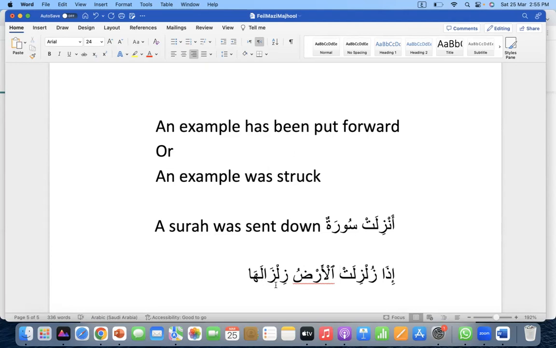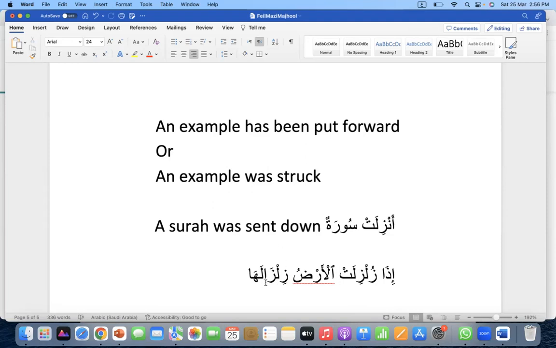Now zilzalaha, this is mudaf ilayh, zilzala plus ha. This is derived from zalzala. It is called maful mutlaq. Mutlaq means when the ism is derived from the masdar, and the masdar is the same as the verb's root word.